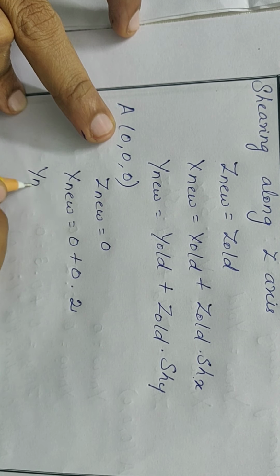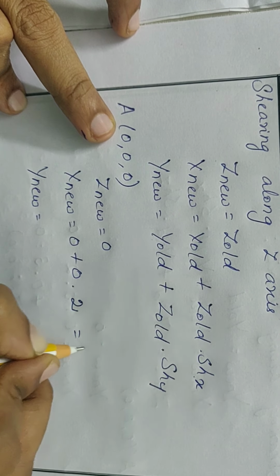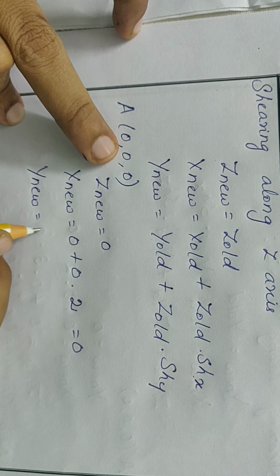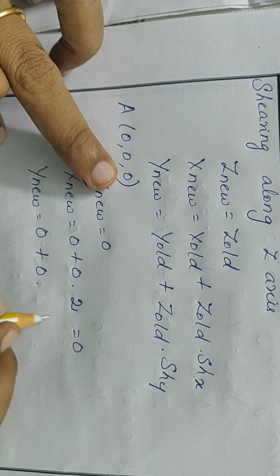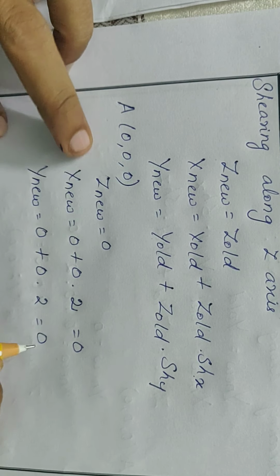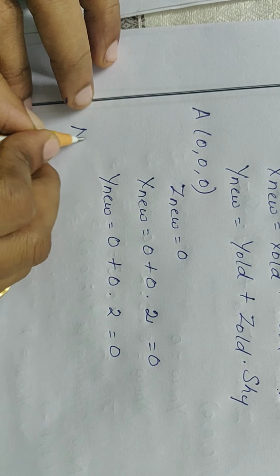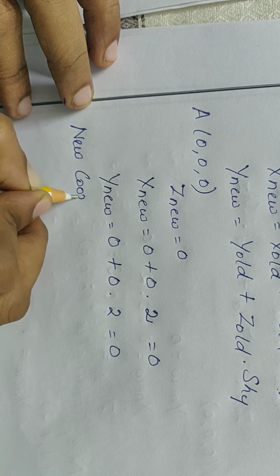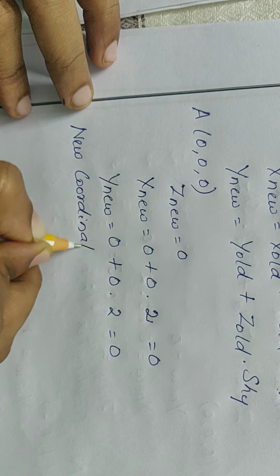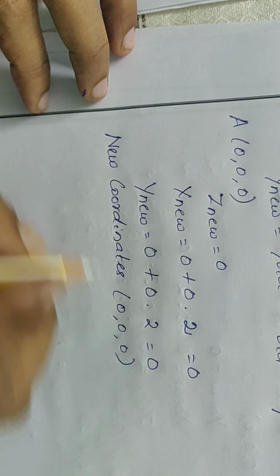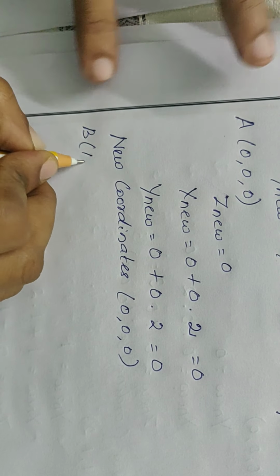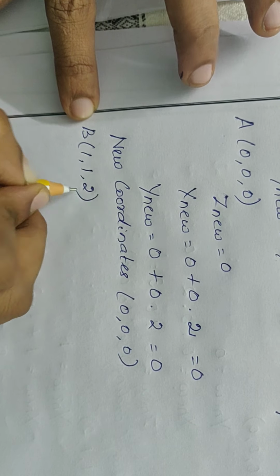Y new is equal to y old 0 plus z old 0 into shear factor along y axis, it is 2. So I'll get my new coordinates as 0, 0, 0.